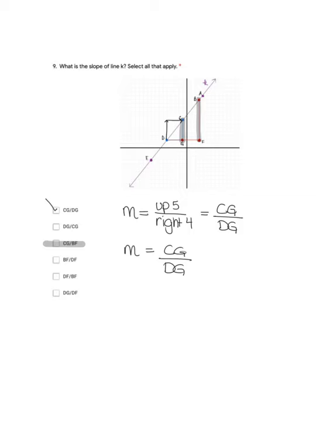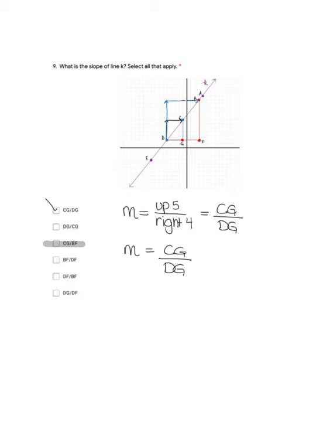Then we can also think about our next triangle. For our next triangle, let me go ahead and erase some of this. Okay. So for our next triangle, we can go from point D, so we can rise up to here, and then we can run this way.